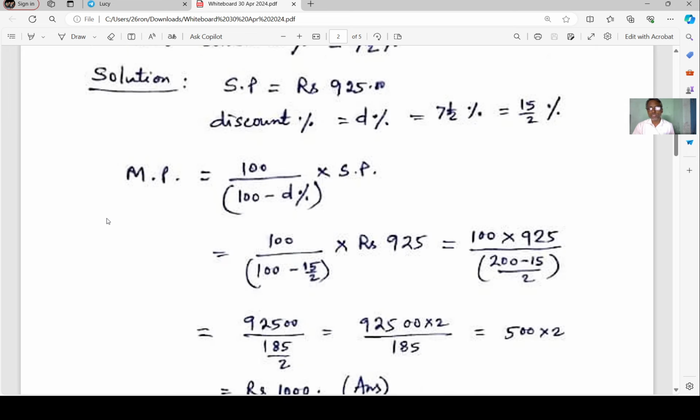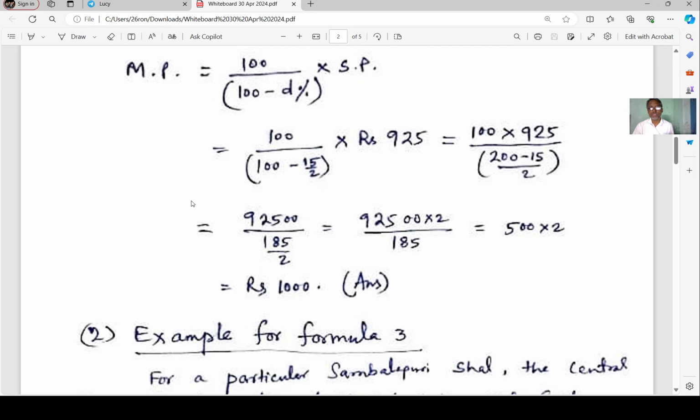Then marked price equal to 100 divided by 100 minus D% multiplied by sale price. This is equal to 100 divided by 100 minus 15 by 2, multiplied by rupees 925.